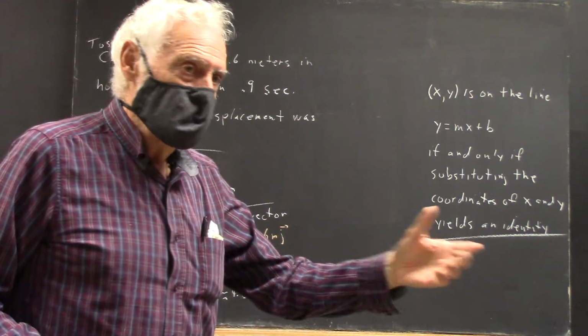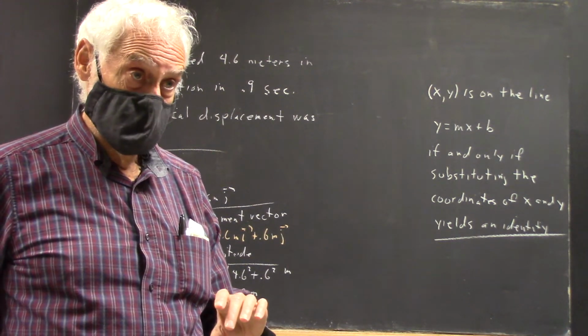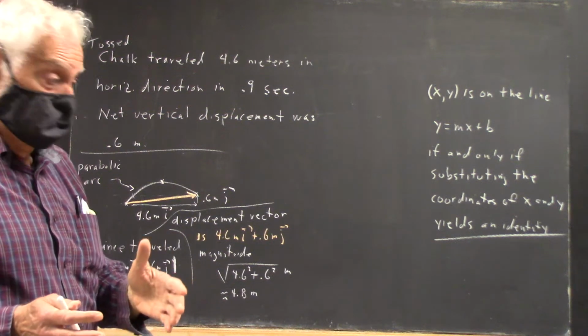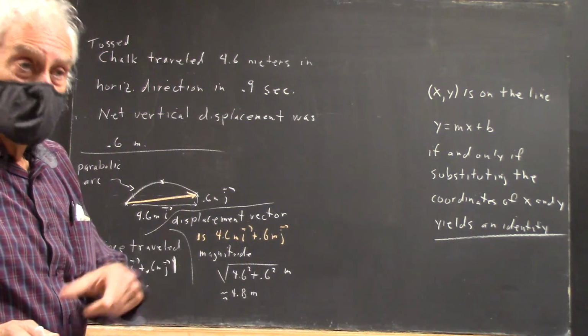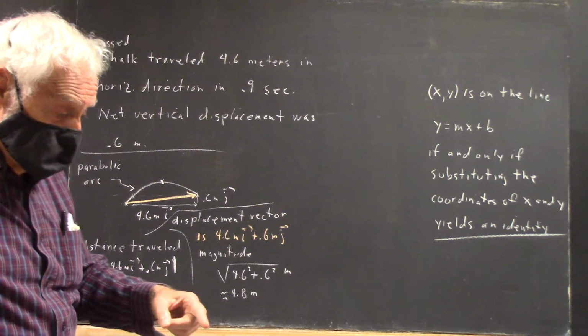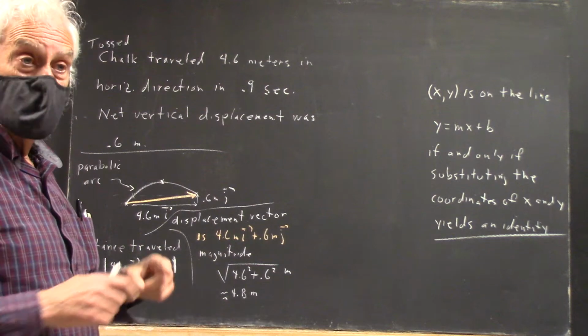Now remember what we did last time, pool ball up and down the incline. We figured out when the pool ball might have been 10 inches from the starting point, right? 10 inches from the starting point at one time going forward and at another time coming backward.